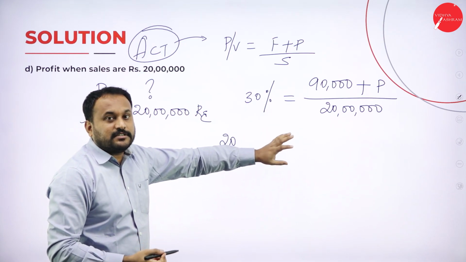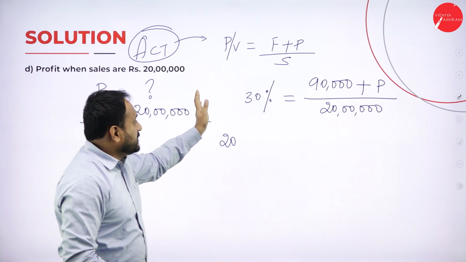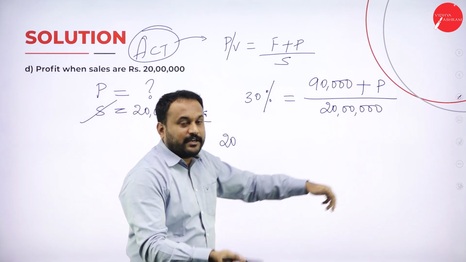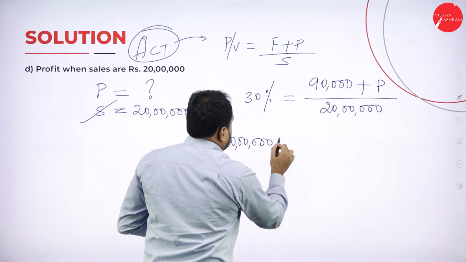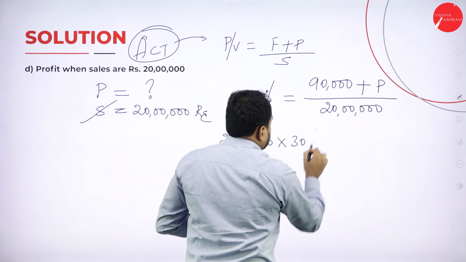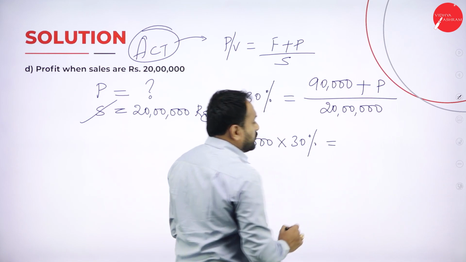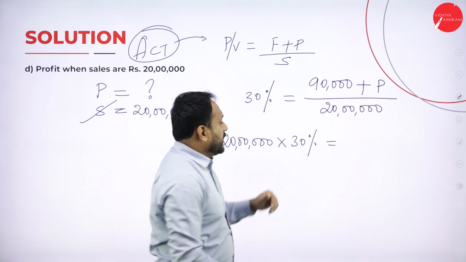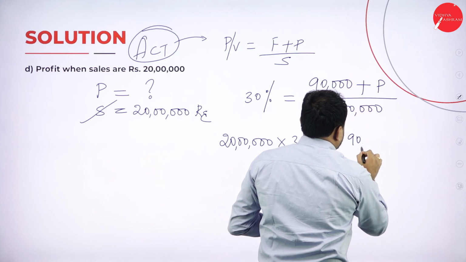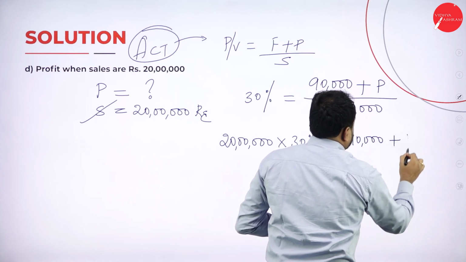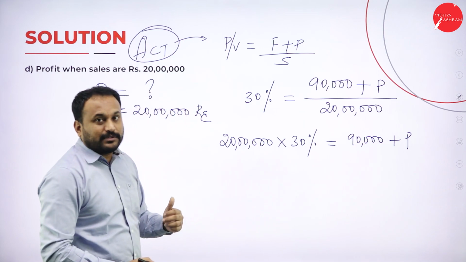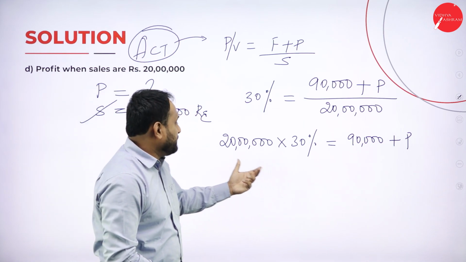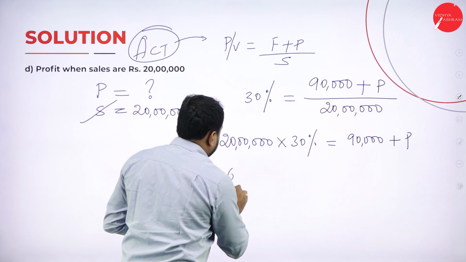If it is division here, it will be multiplication there, and if it is multiplication here, it will be division there. So 20 lakh into 30% is equal to 90,000 plus profit. Go for the step marks, and write the remaining as it is. Now 20 lakh into 30, 2 3s are 6, that means 6 lakh.